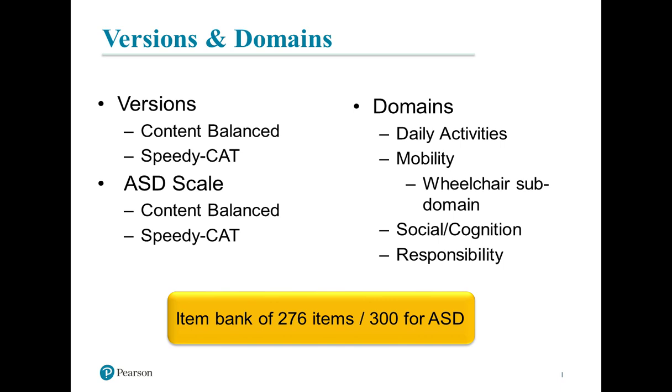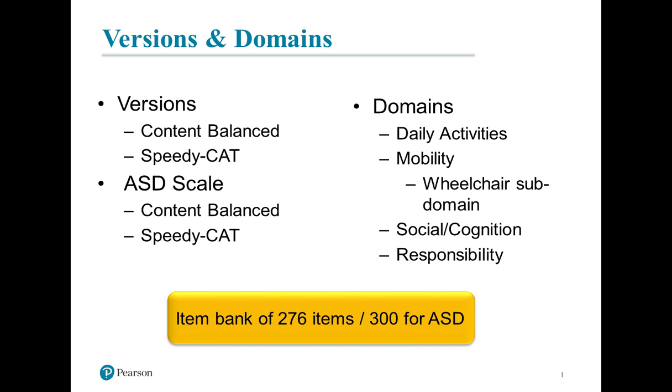So in terms of versions, there are two main versions of the PEDICAT. One is a content balanced, and the other one is called the PEDICAT, and that is my favorite name of an assessment that I've ever come across. And basically the difference between these two is that the content balanced, think of it like a full assessment, the fuller version of the assessment. And the PEDICAT is a briefer version of the assessment.